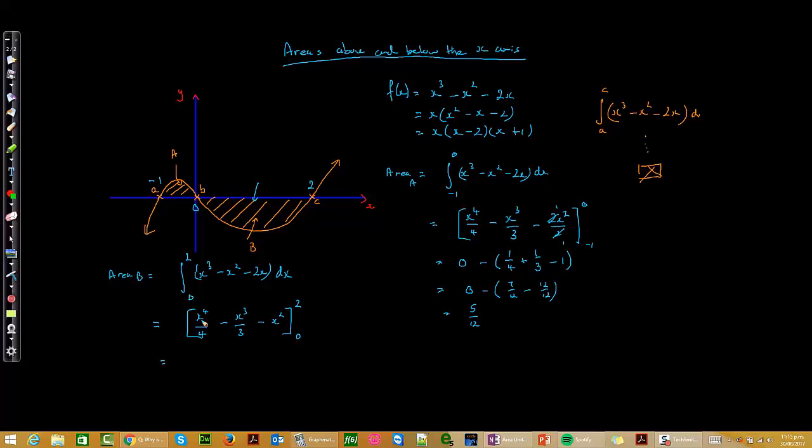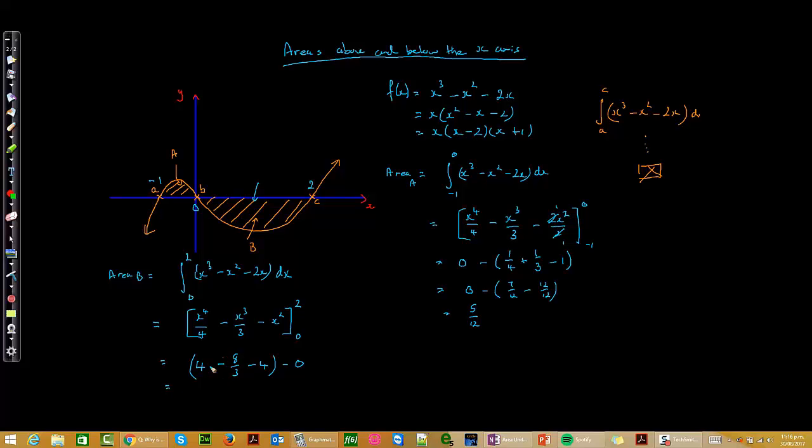Let's put 2 in, so it's going to be 16 over 4, which will be 4. That'll be 2 cubed, which is 8 over 3, so minus 8 thirds, minus 2 squared, which is a minus 4. Okay, and if we substitute 0 in, we've seen before that that's already 0.